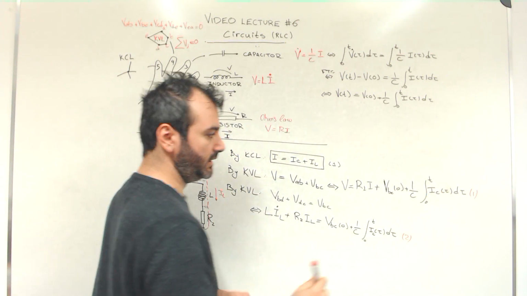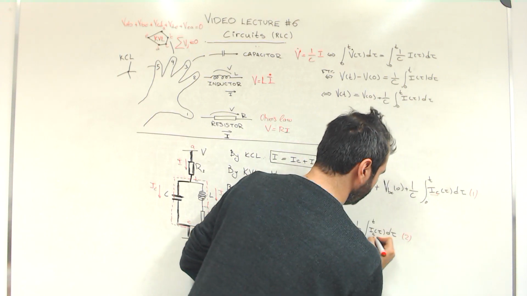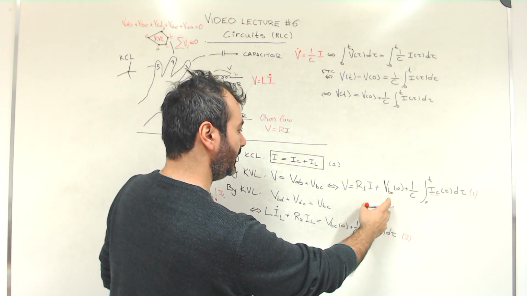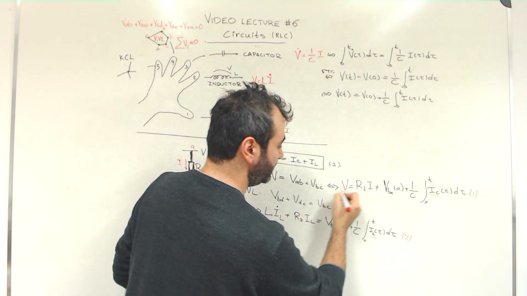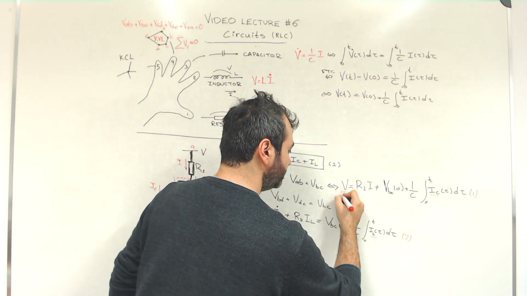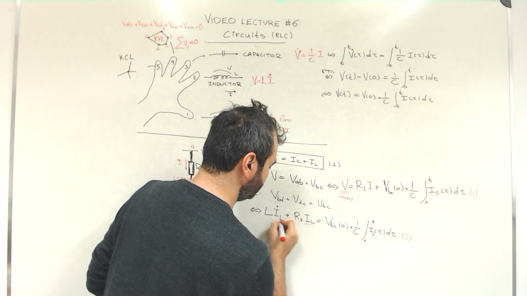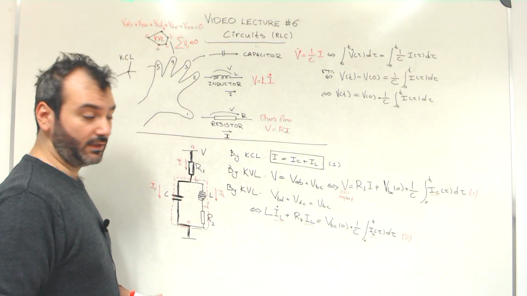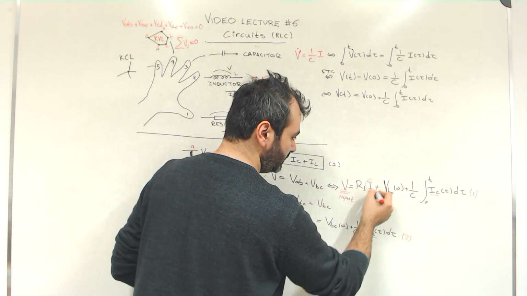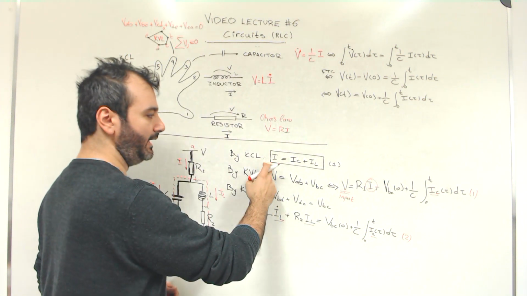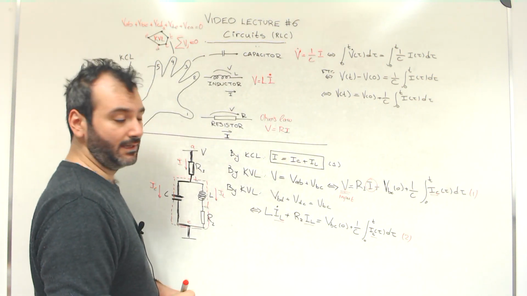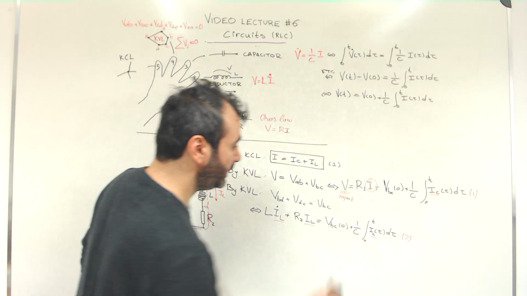These equations involve the variables IC, V, which is the input variable, and IL. However, they also involve I. But we know that I is IC plus IL. So I can rewrite this first equation.